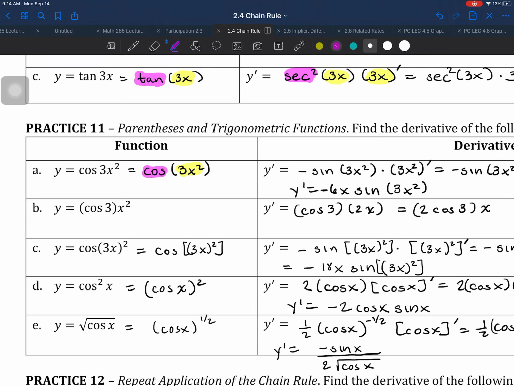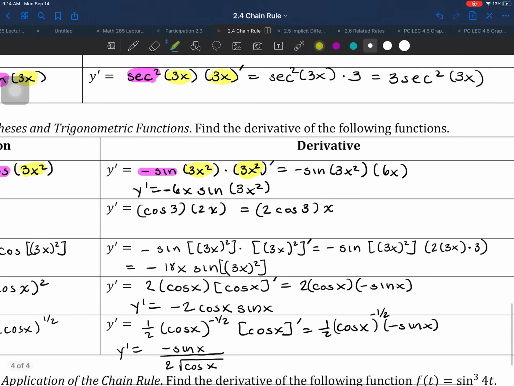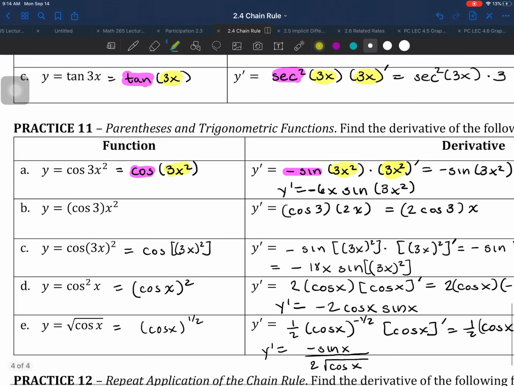We begin by doing the outside function. The derivative of cosine is negative sine of the inside, multiplied by the derivative of the inside. So 3x squared becomes 6x, and then multiply that in front of the sine, and that's pretty much it.